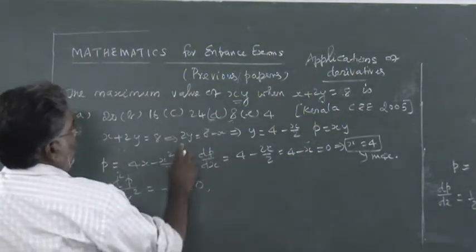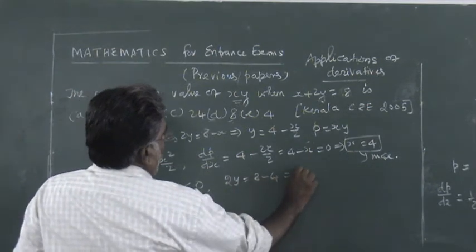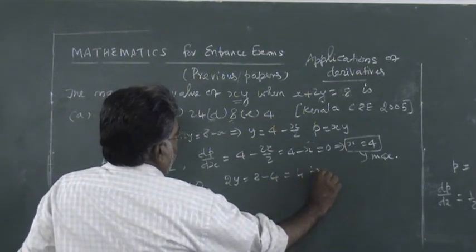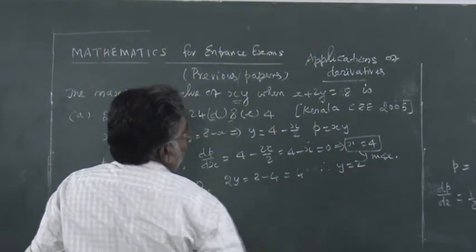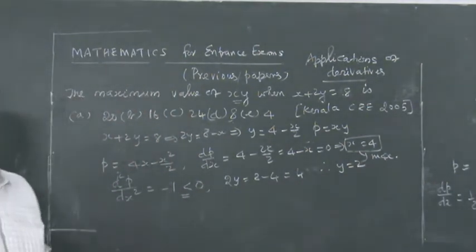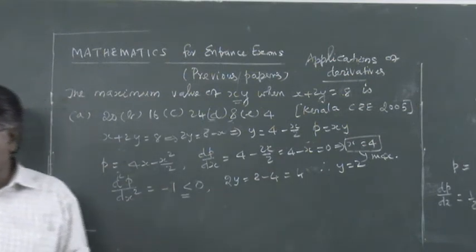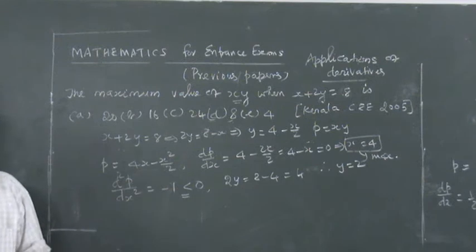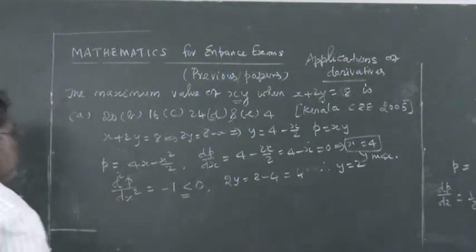When x is 4, 2y is equal to 8 minus 4, which is 4. Therefore, you get y is equal to 2. So the point x equal to 4 and y equal to 2 represents a maximum point.